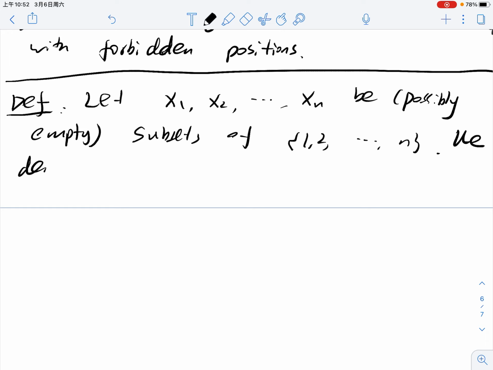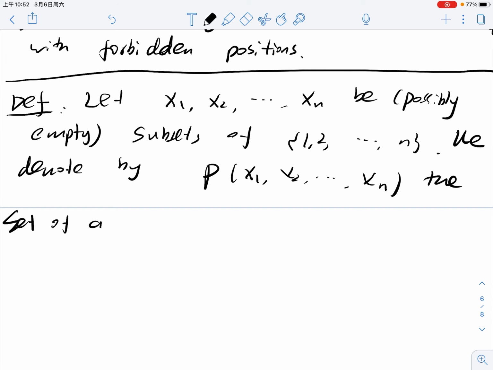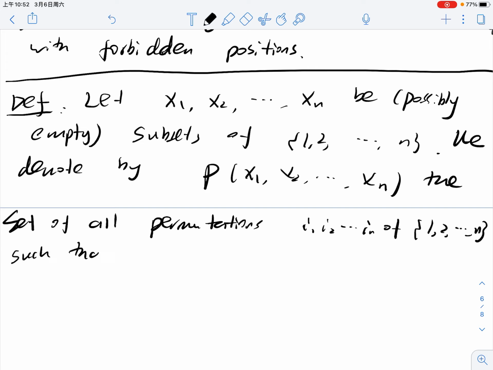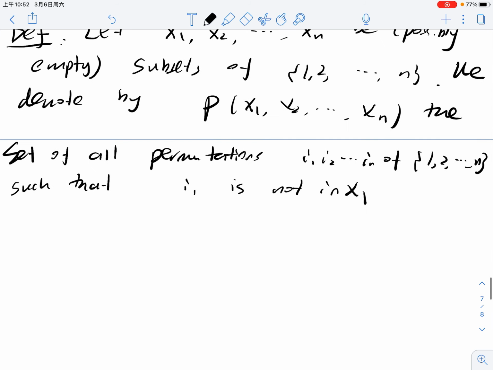We denote by P(x1, x2, ..., xn) the set of all permutations i1, i2, ..., in of 1, 2, 3, 4 all the way to n, such that i1 is not in x1, i2 is not in x2, ..., in is not in xn.